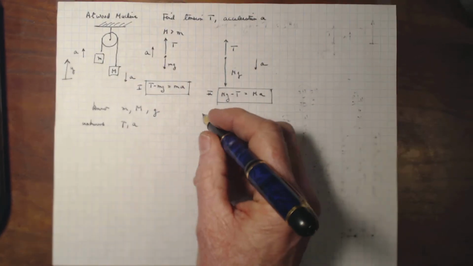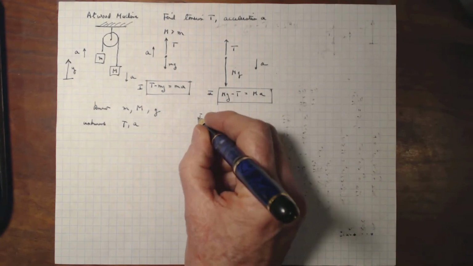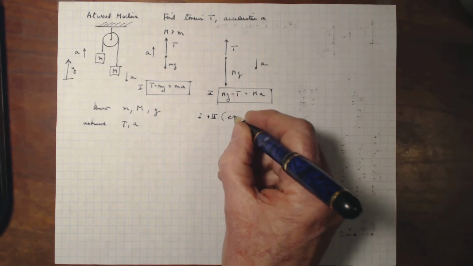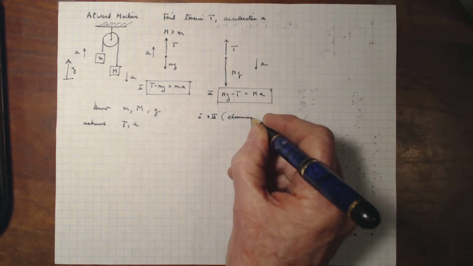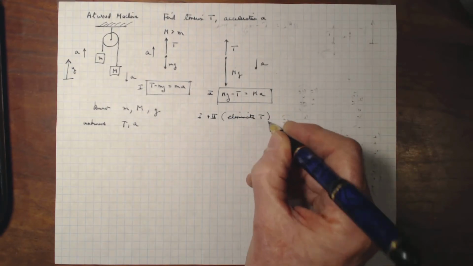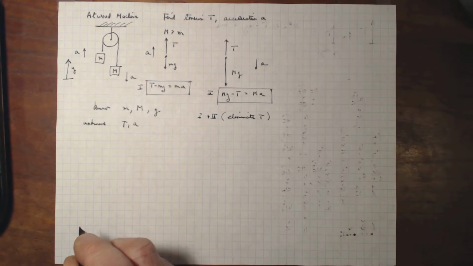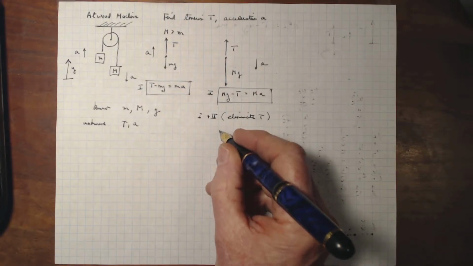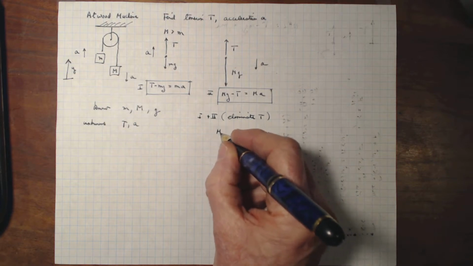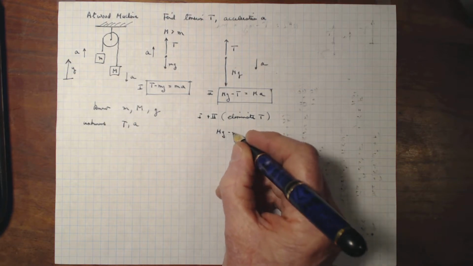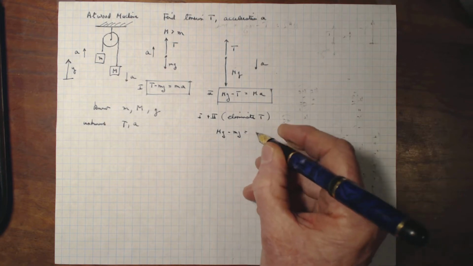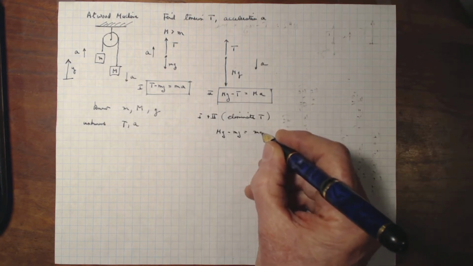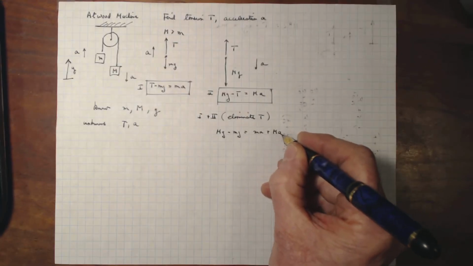But let me do it by simply adding equations 1 and 2 together, and here my strategy is to eliminate T. So if I do that, I get, on the left-hand side of the equal sign, big Mg minus little mg is equal to little ma plus big Ma.